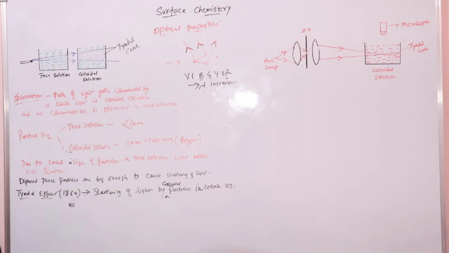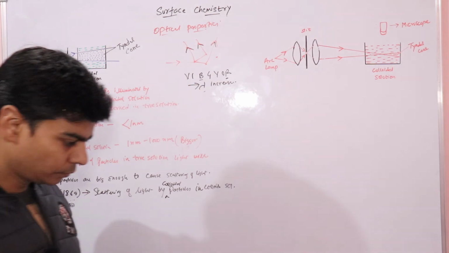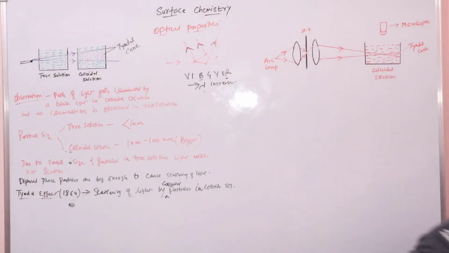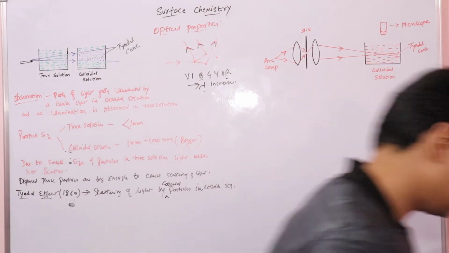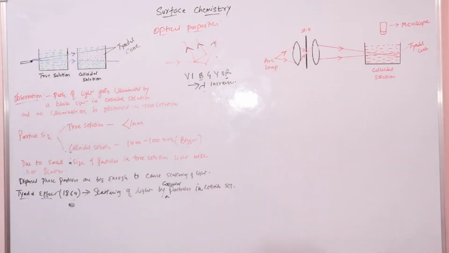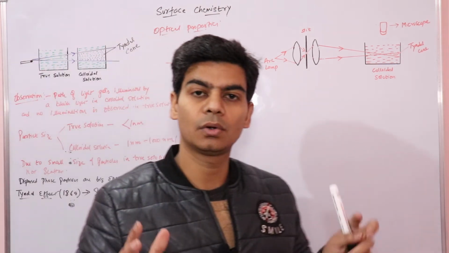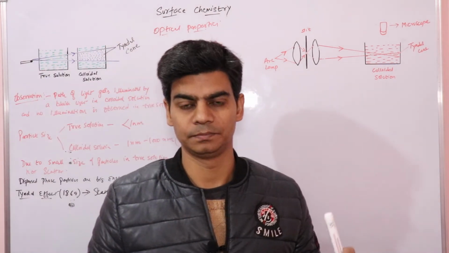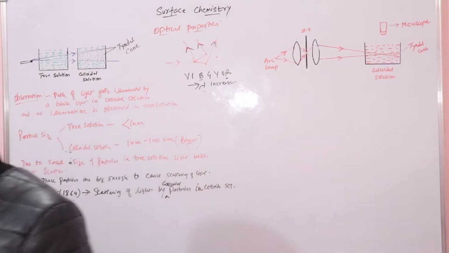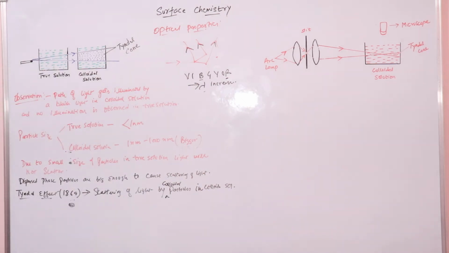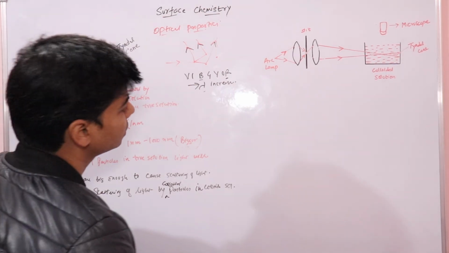If we look at the colloidal solution of silver, the silver sol, and you pass light through the silver sol, if you perform the same experiment using silver sol, we observe different colors.